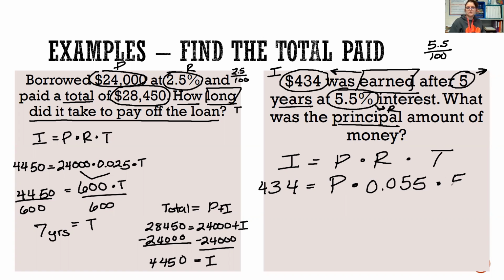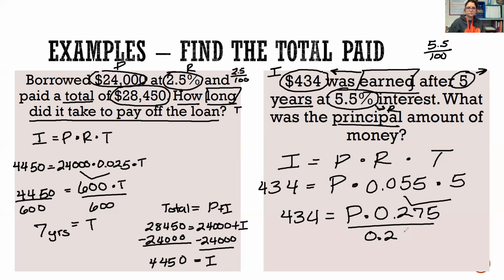And my time is 5. Lots of 5s. So we're going to multiply these together. So 0.055 times 5 gives us that 434 equals P times 0.275. We're going to undo that multiplication with division.